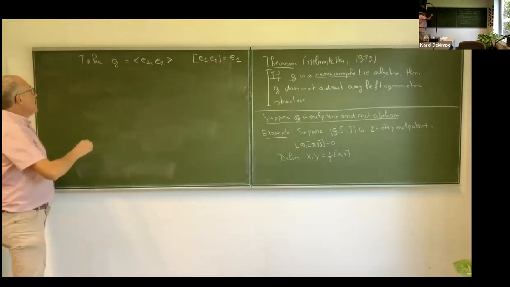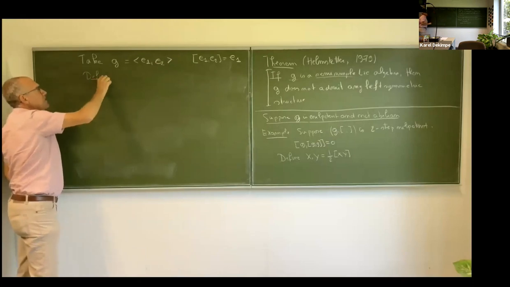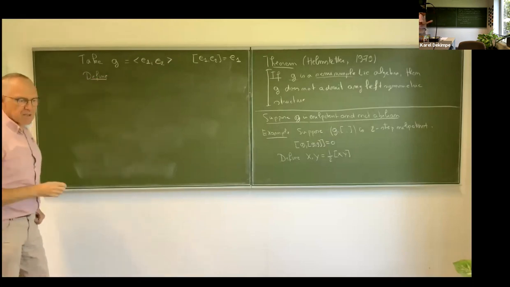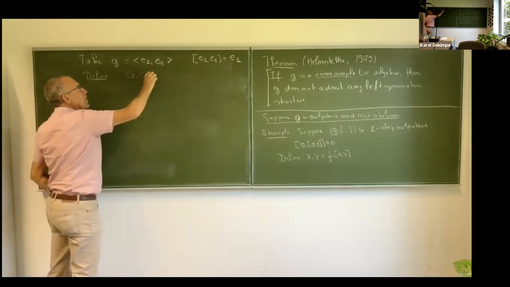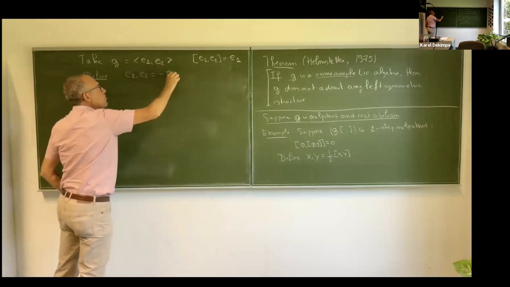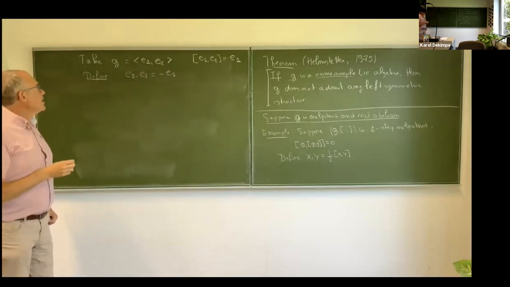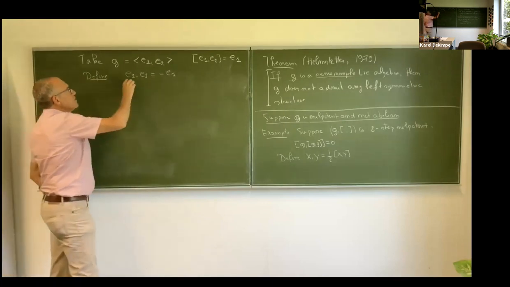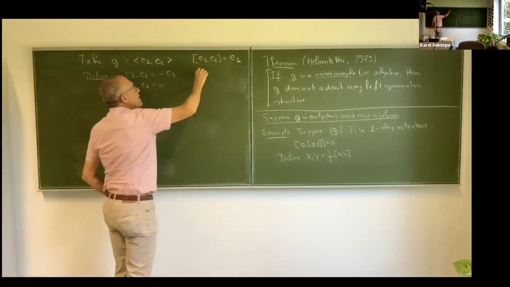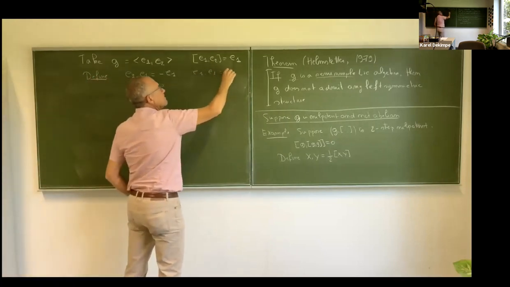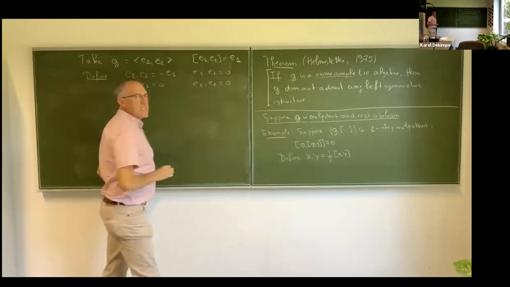And now define the bilinear product by defining it on the basis vectors. So I put E2 times E1 equal to minus E1, and then all other products between basis vectors I put equal to 0. So E1 times E2 is 0, E1 times E1 is 0, and E2 times E2 is 0.